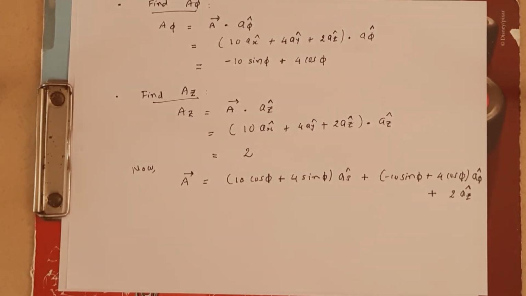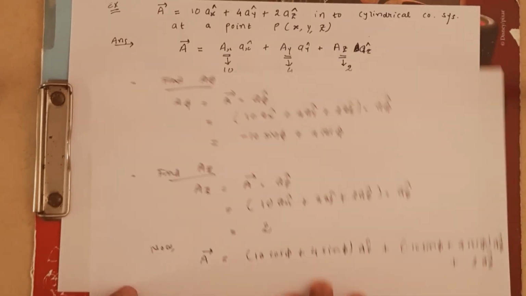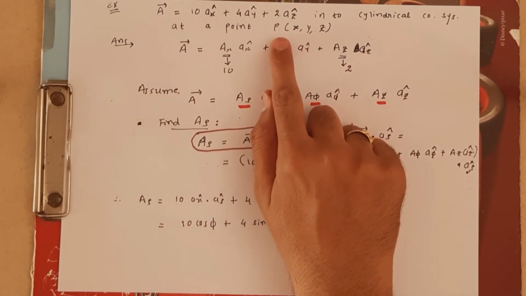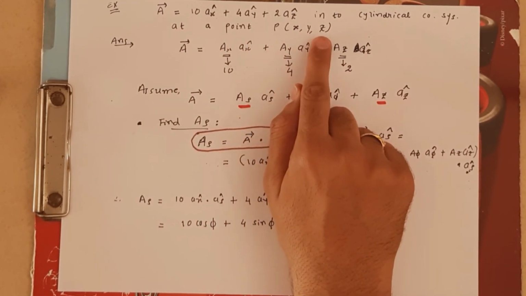Okay, so now the example is complete. In this way I have to convert the given vector into the cylindrical coordinate system, at the point P which is given as x, y, z.